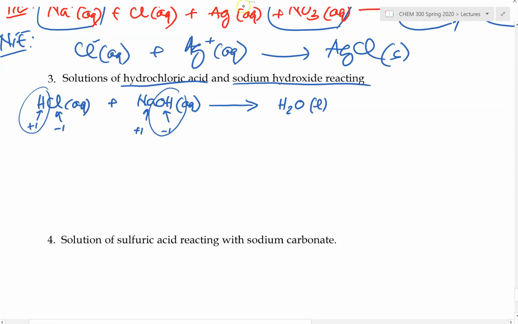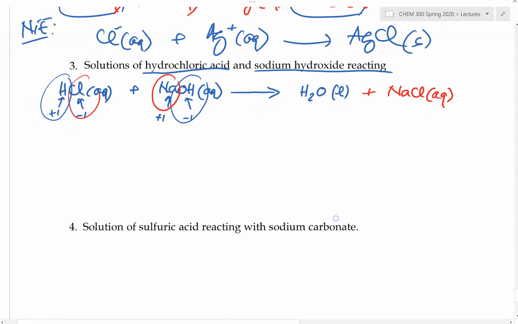And now the sodium would form a compound with the chloride, because sodium is +1 and chloride is -1. When they form the product, it will be NaCl. And now when we apply the solubility guidelines, this is soluble in water, so it is aqueous. And by checking to make sure this is balanced, it is correctly balanced already.